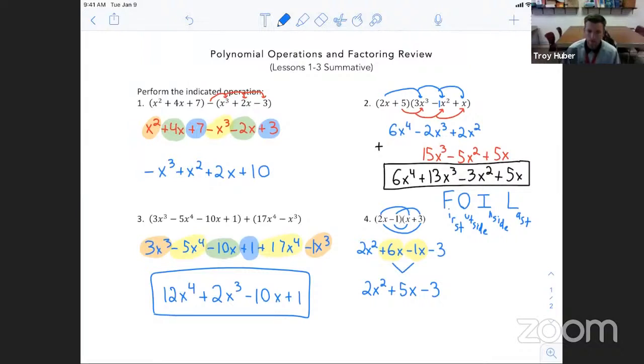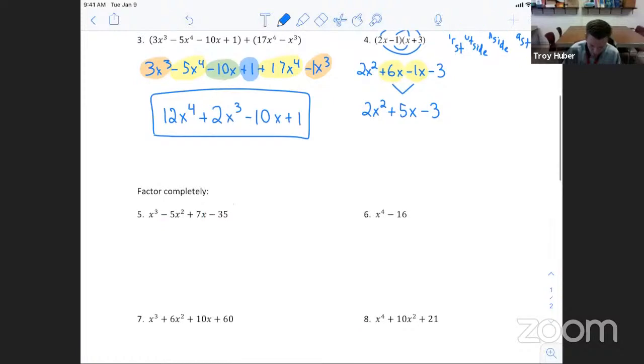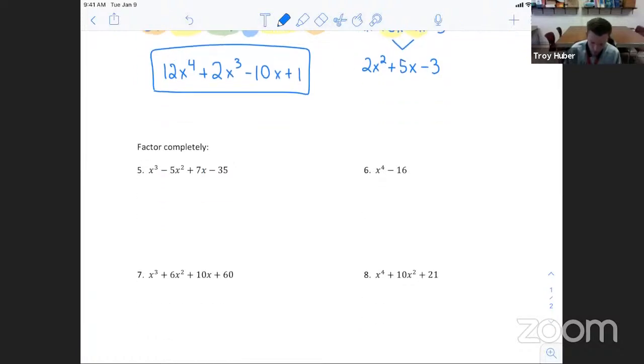Okay, now we're going to move into the second half of this review. And in the second half, we're going to be doing the exact opposite of what we just did. Okay, we're going to be factoring. All right, and when we factor, we're going to look for 3 different types of factoring problems.